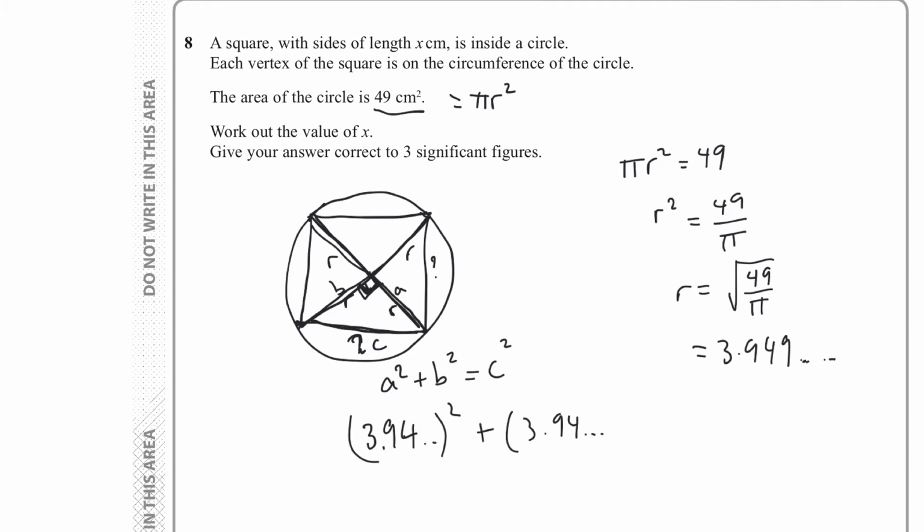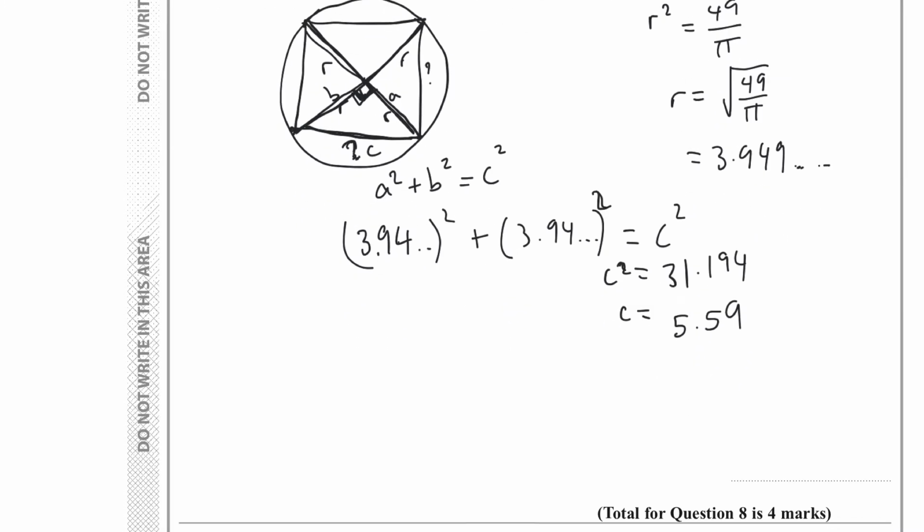I'm just putting dot dot dot so I'm not writing the full number. So c squared would be equal to 31.194 roughly. Then to work out what c is, you would square root that and you should be left with 5.59 to three significant figures, which is what they want.